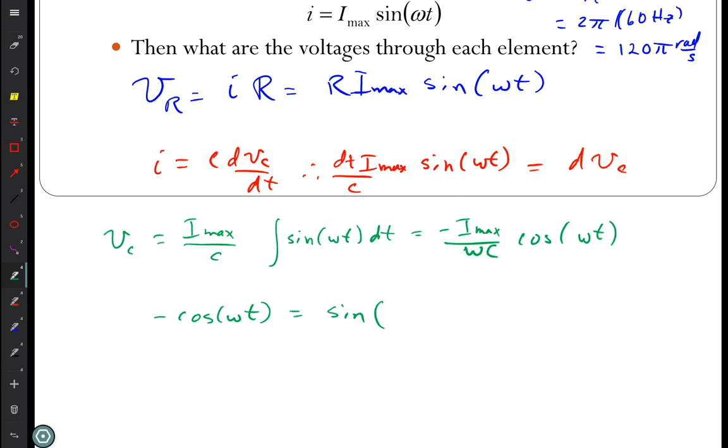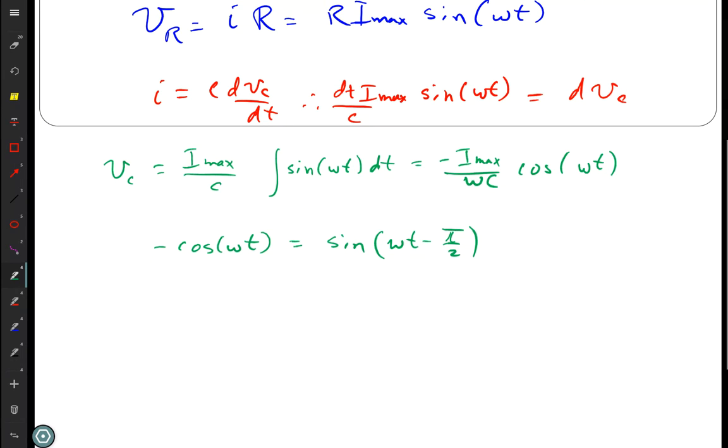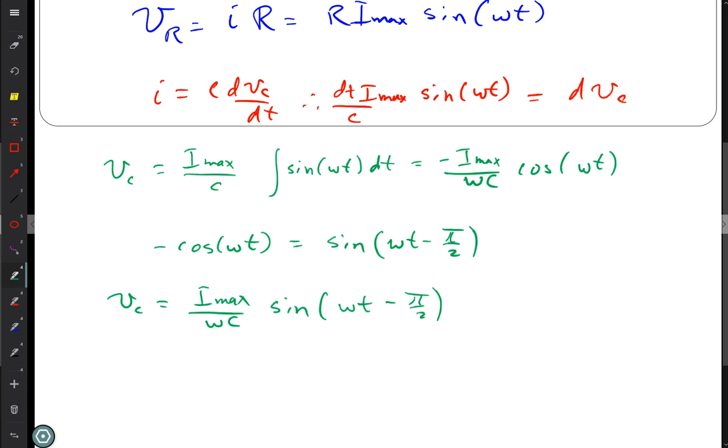And so sine of what angle gives me minus 1? Sine of minus pi over 2. And so that means omega t minus pi over 2 is exactly the same as minus cosine omega t. So that means V sub c is equal to I max over omega C times sine of omega t minus pi over 2.